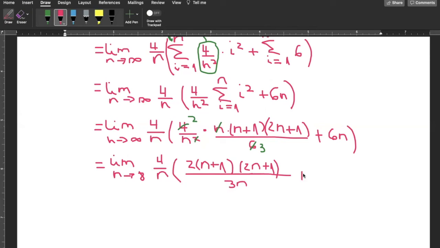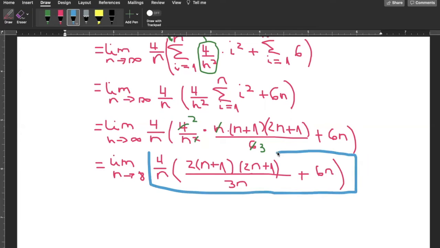And here we'll have plus 6n. And that part over here without the limit is what would go for the Riemann sum. So this here is the Rn part. That's the first question that you guys need to answer.